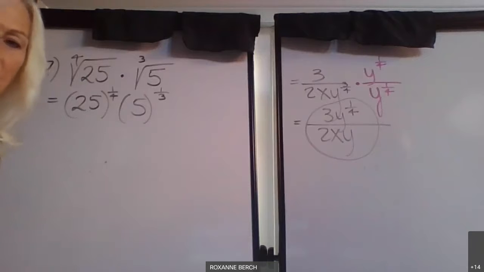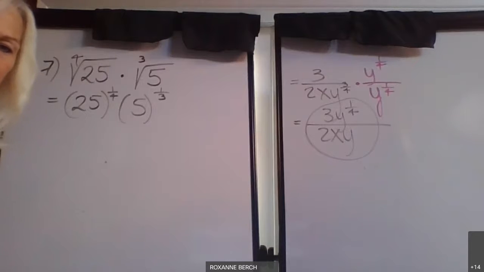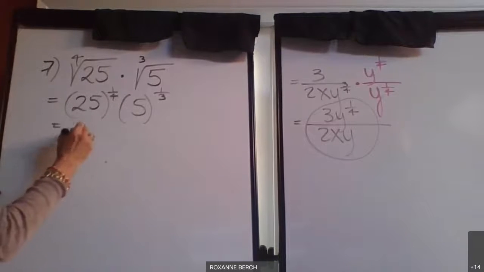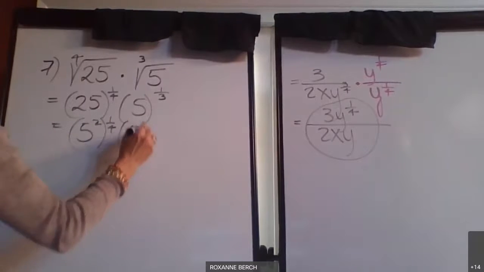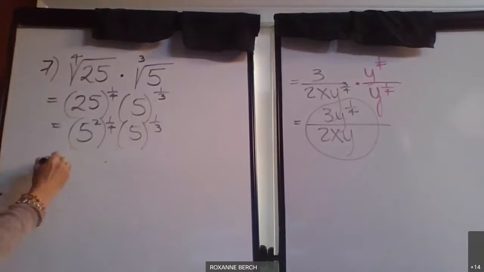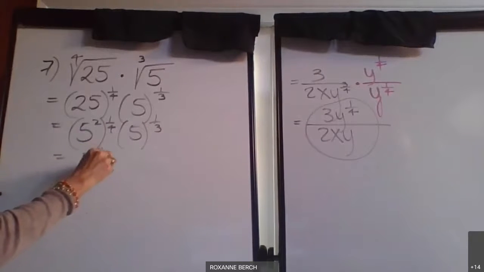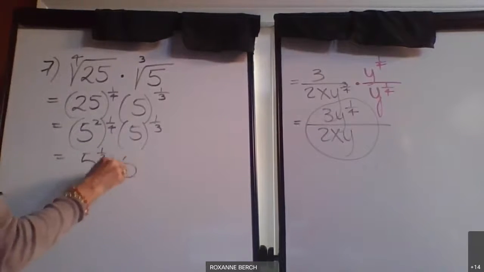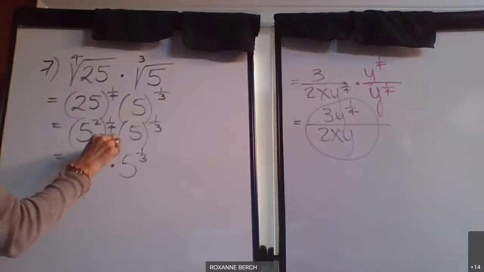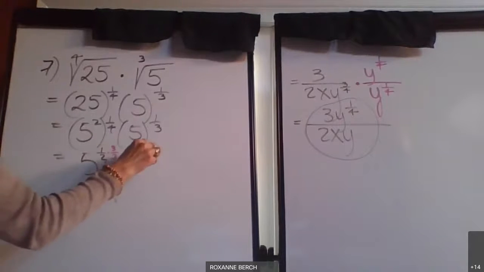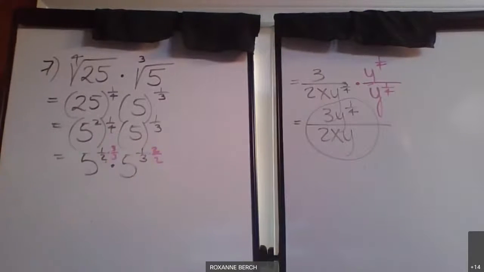So I can add the exponents, right? So if I write this as 5 squared to the 1/4, wouldn't that be 5 to the 1/2 times 5 to the 1/3? So wouldn't I be able to simplify that by adding the exponents? So I'm going to get a common denominator and multiply that guy by 3/3 and this guy by 2/2.